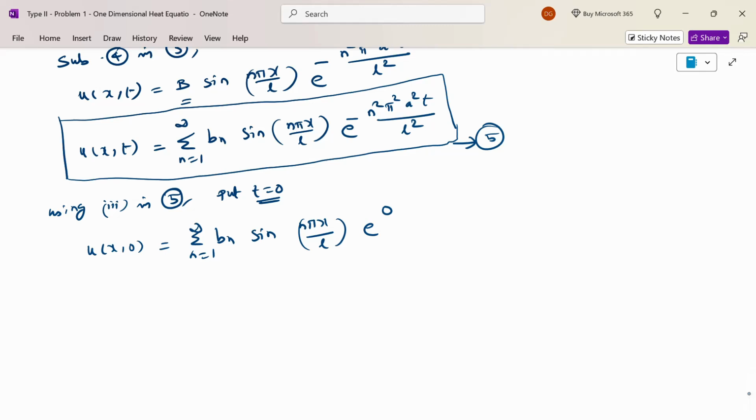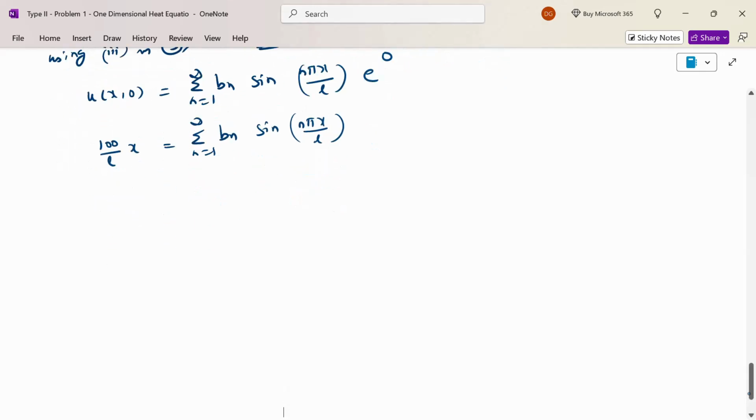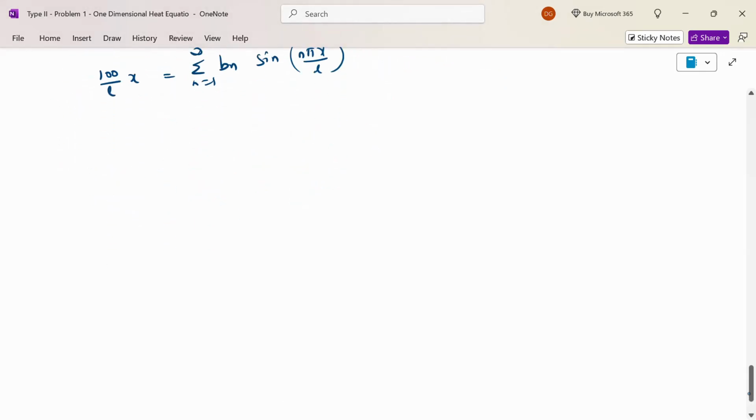The function U of x is nothing but 100 by L into x, so 100 x by L equals sum n from 1 to infinity bn sin n pi x by L. Whenever I look at this, this form is nothing but the half range sine series.